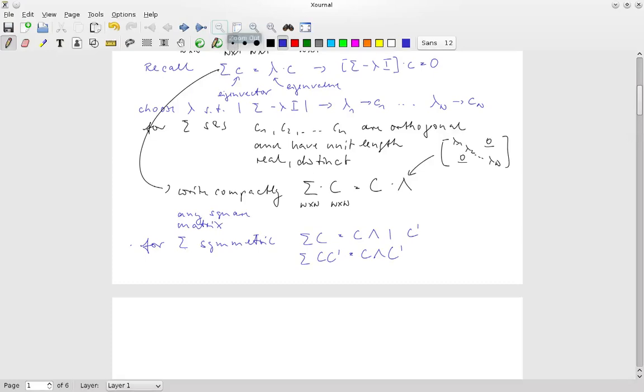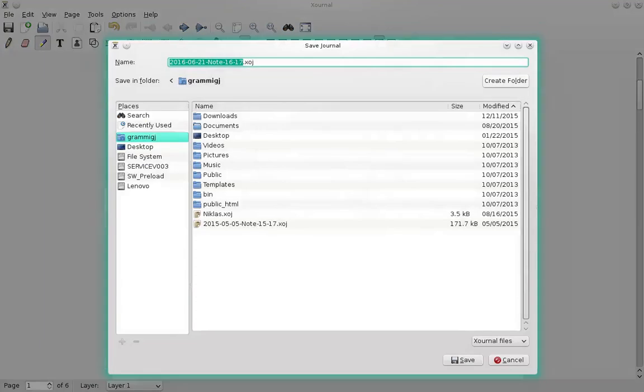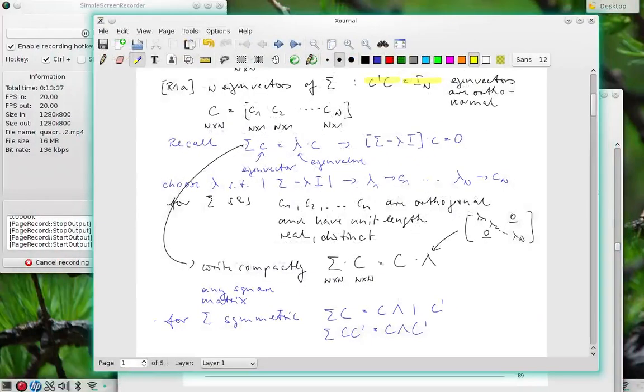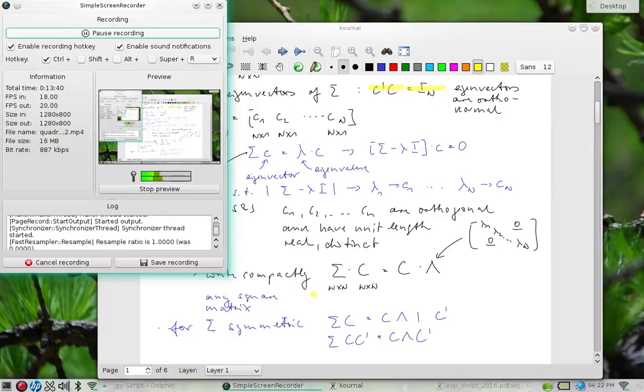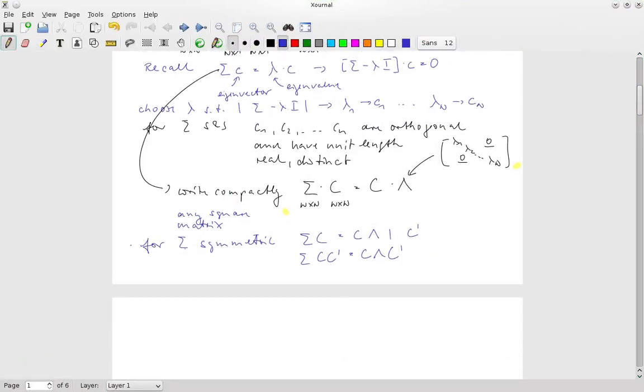So recall from the result that we had earlier that C prime C gives the identity matrix. Okay, and down here we have C prime, so we have the transpose of that object. So we have this result that the eigenvectors are orthogonal, which we can use down here, where we have the expression C prime.